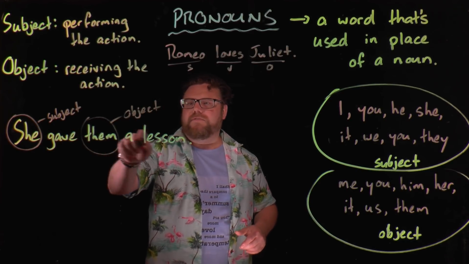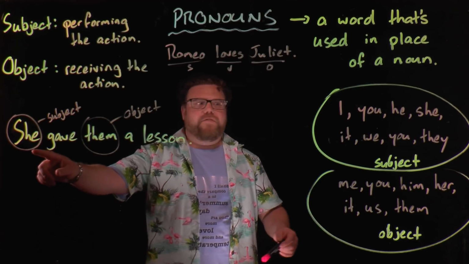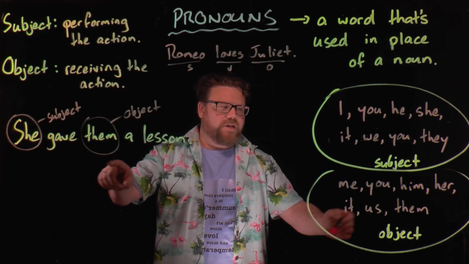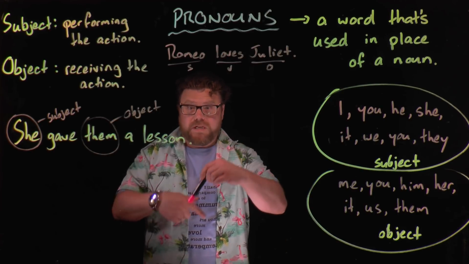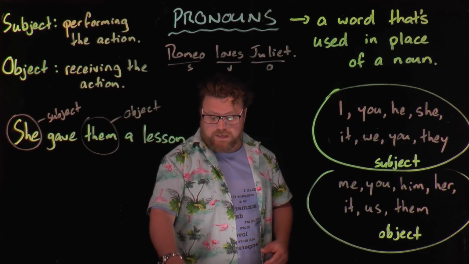So she, subject, gave them a lesson. You couldn't have her gave they a lesson. It would be mixed around, the wrong way around, and it wouldn't make any sense.